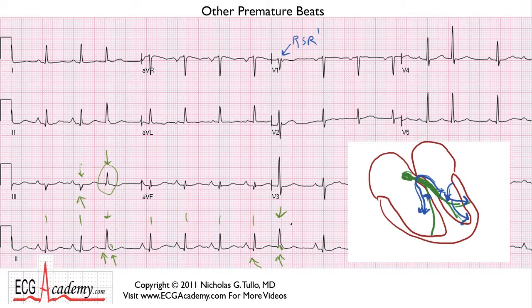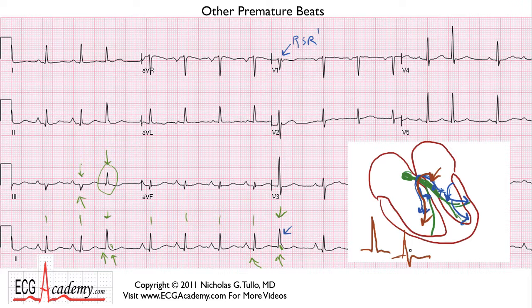In fact, it's conceivable that this beat arose from just below the His bundle, somewhere in the left bundle branch. So if it arose from the left bundle branch, just below where the two branches split, it didn't have to go far to get down the right bundle again. And so instead of having a narrow QRS complex, what you get is a little bit of aberrant conduction.